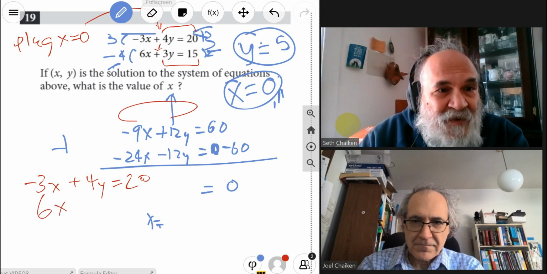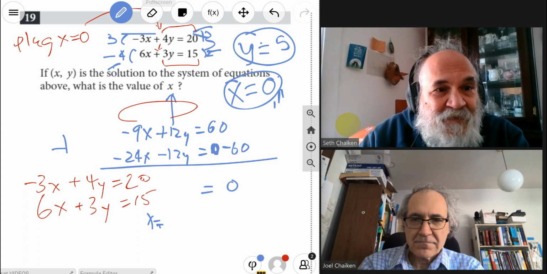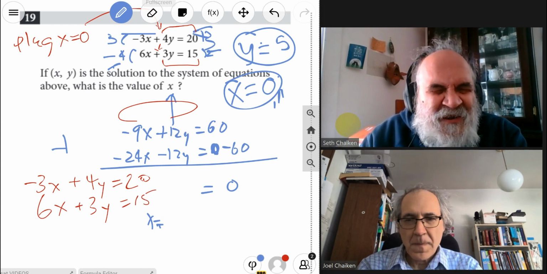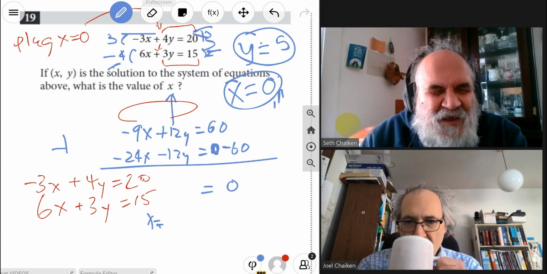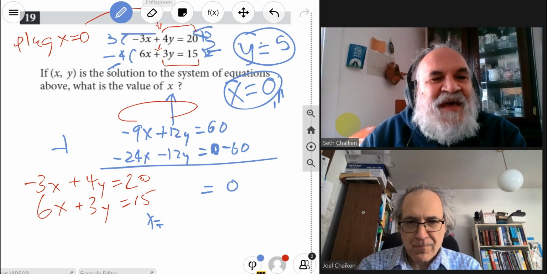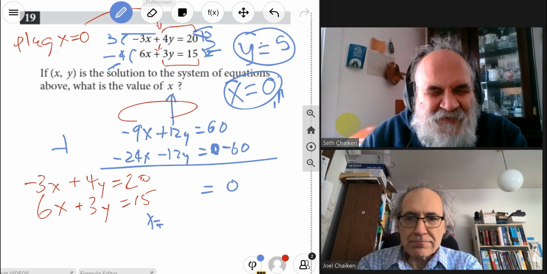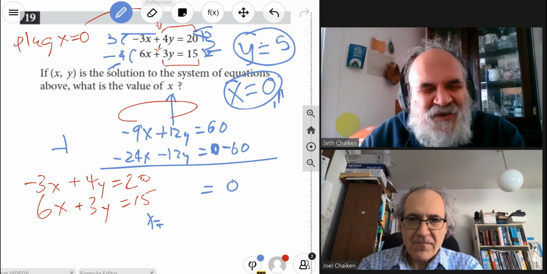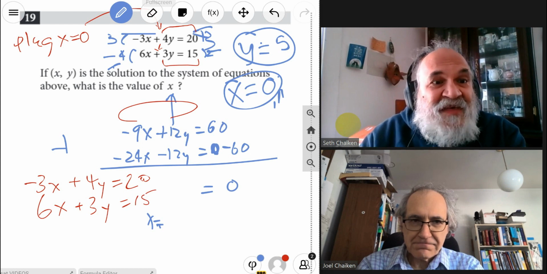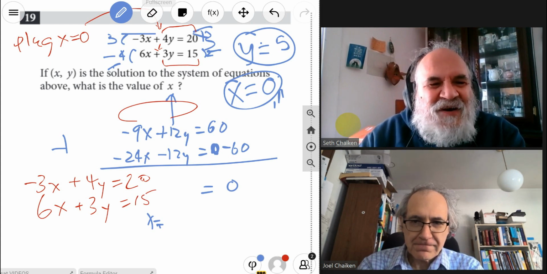So I'll rewrite just 6x plus 3y equals 15. Now, certainly, please think of the idea to eliminate y, and therefore you could solve for x, because the question is to find x. Now, there are a lot of 3's.